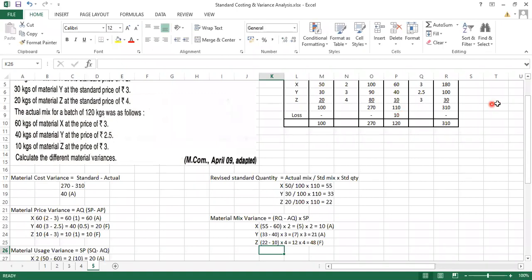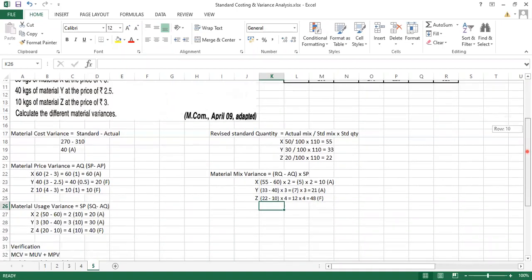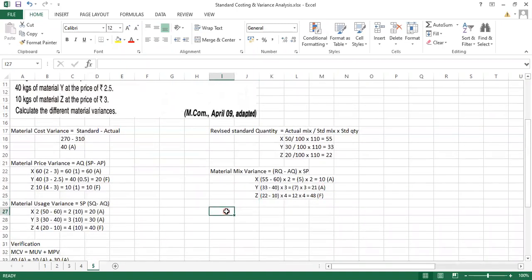And the last variance, material yield variance. What is the formula? Revised quantity minus standard quantity into standard price.